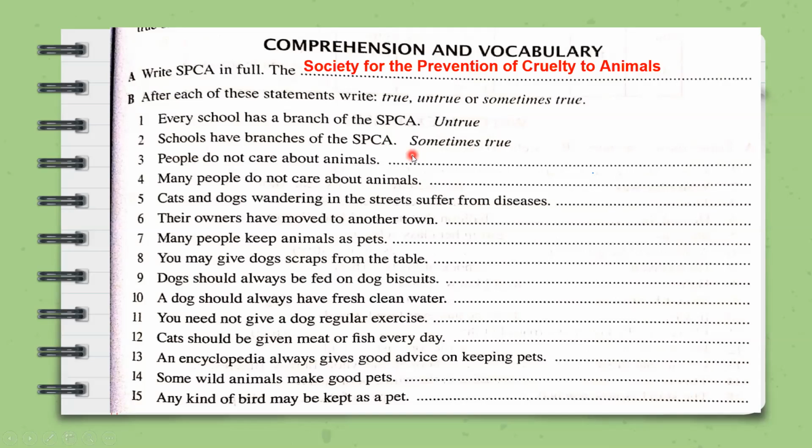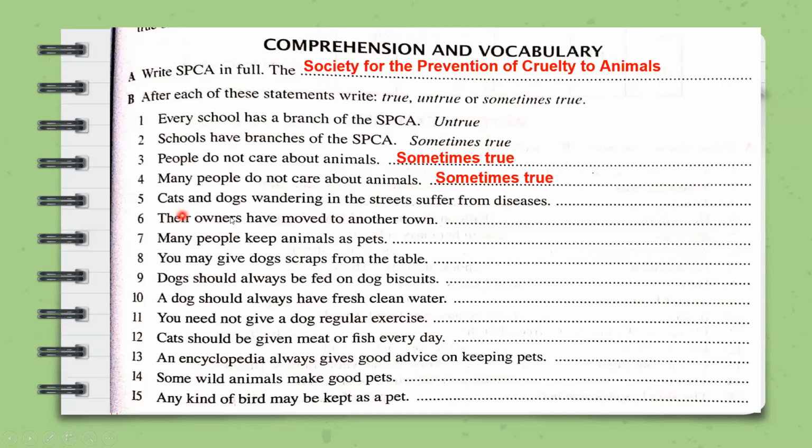Many people, dear students, care about animals and few do not, so we will say sometimes true. Number four is many people do not care about animals. Same, sometimes true. Or you can write over here untrue and sometimes true.